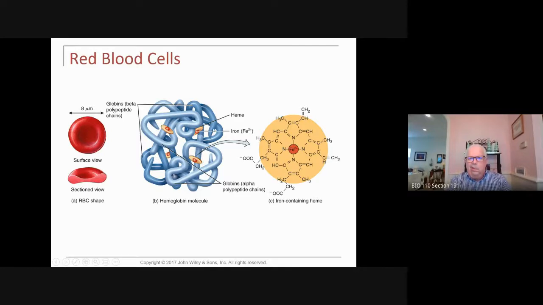Remember, it's a protein, so it's made up of polypeptide chains. And the mineral that carries the oxygen is ferrous iron. There it is, right there. It is what carries the oxygen.